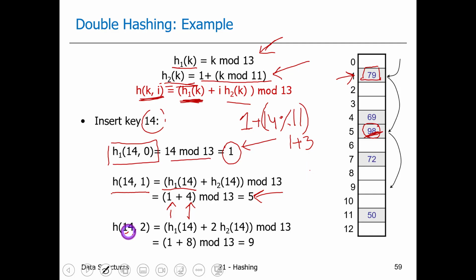For h(14, 2), we already know the value of h1 of 14, and that is 1. We have written that here.